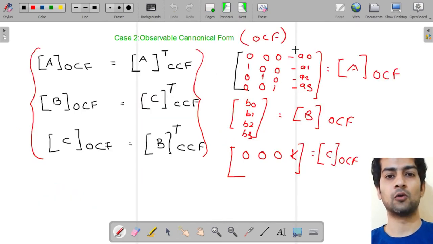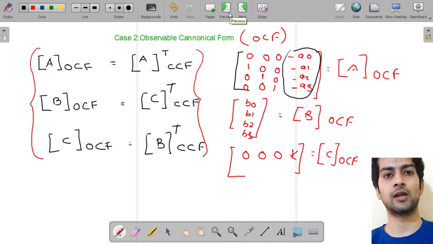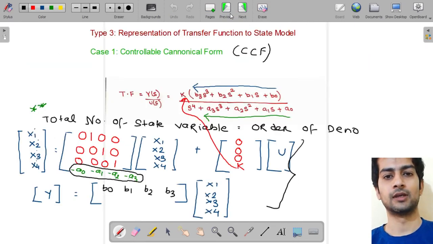And for OCF, in the last column, we are getting the coefficients of the denominator. These are some important points which will help you to recognize whether the state model is in CCF form or in OCF form.